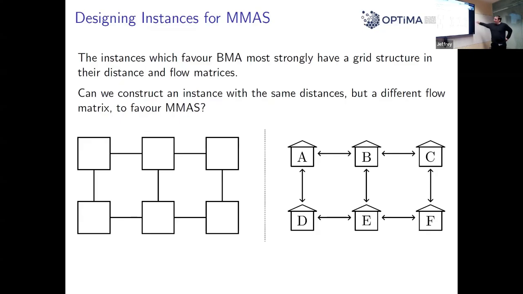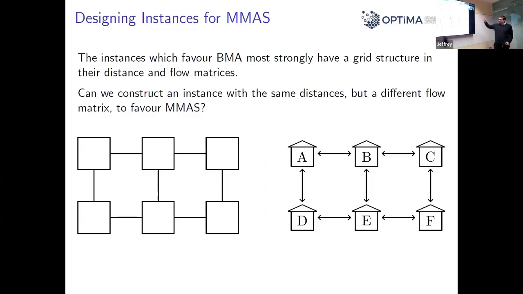So in particular, some instances where the genetic algorithm was doing a lot better than the ant colony algorithm look like this, but with more locations and facilities. We have a grid structure in both the distances and the facilities. And so we think about this.